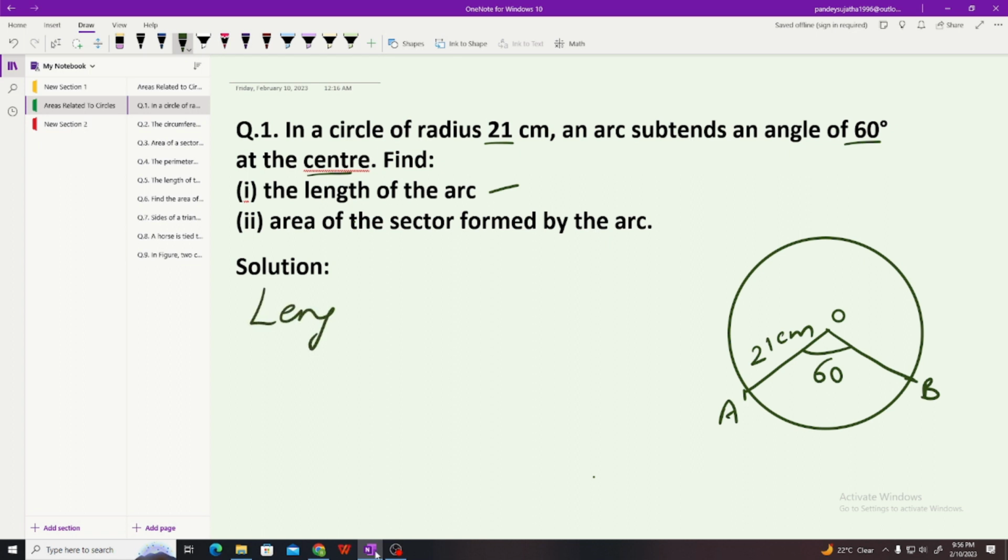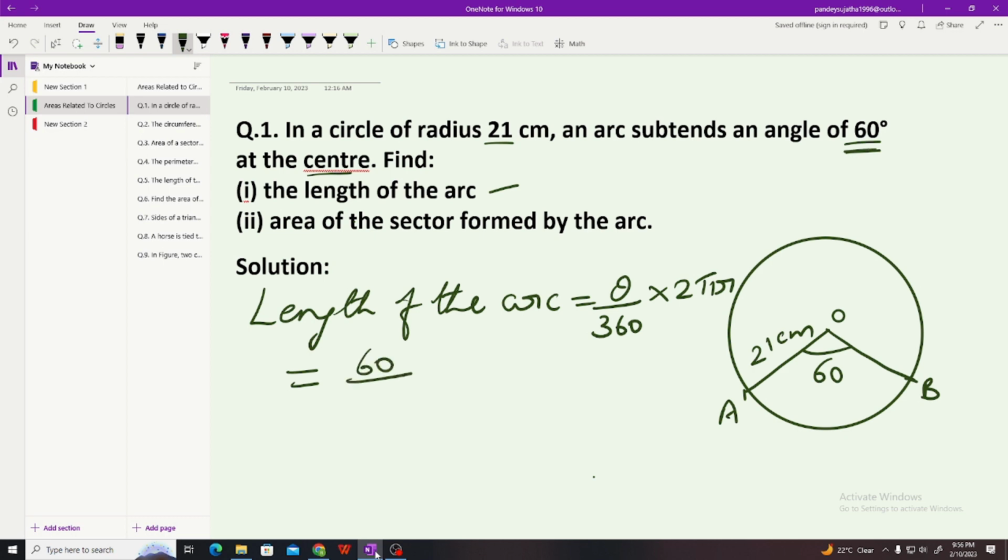You should all know that length of the arc is theta upon 360 into 2 pi r. Put the values where theta is given here as 60 degree. So 60 upon 360 into 2 and the value of pi is 22 upon 7 and the radius is here 21.